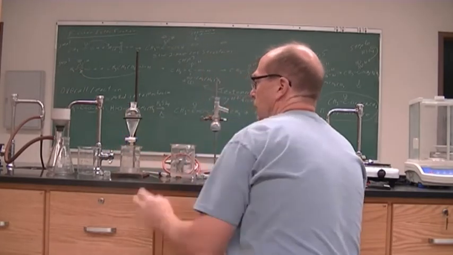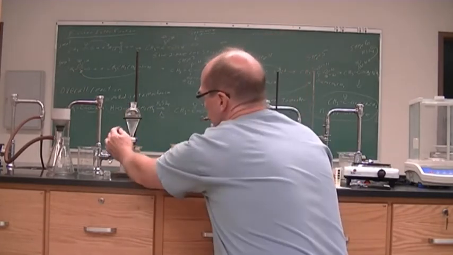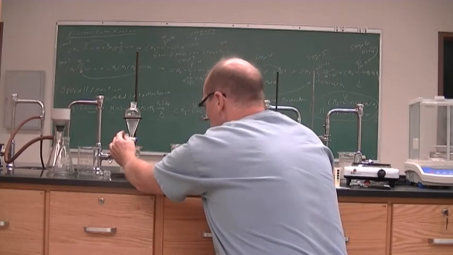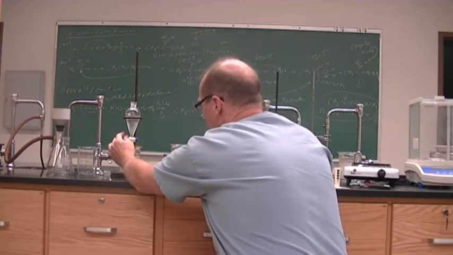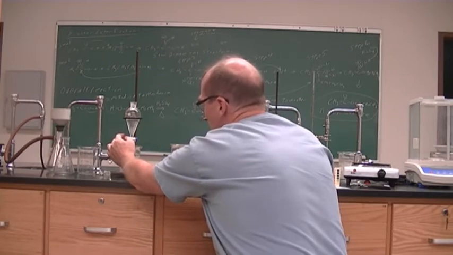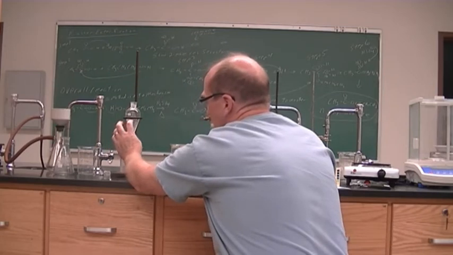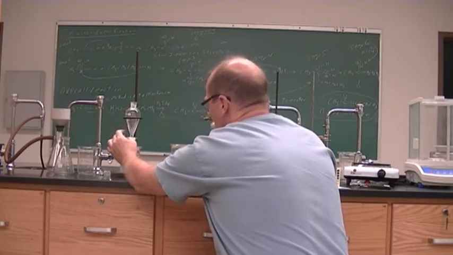The opaque bottom and the nice clear top is a good visual for where the product is at. And when it gets down here, it's nice and narrow, and the separation gets better and better.